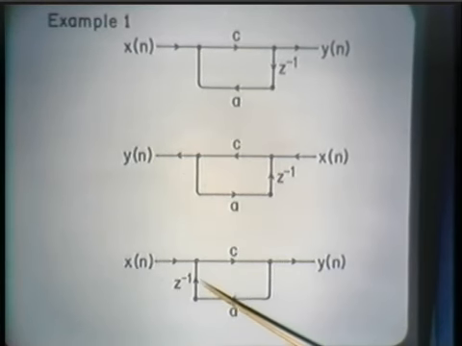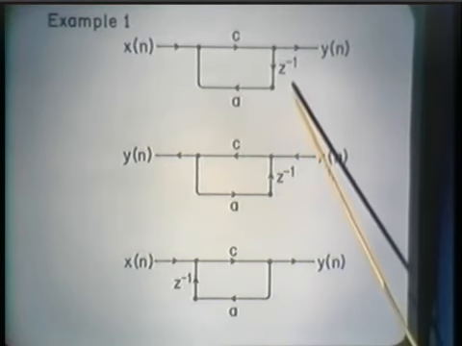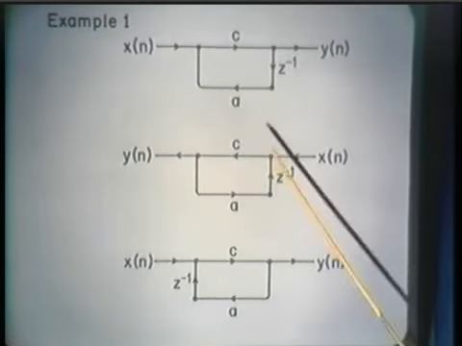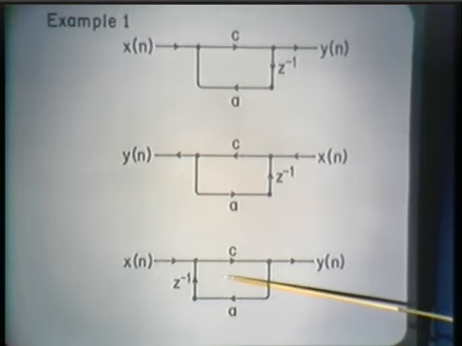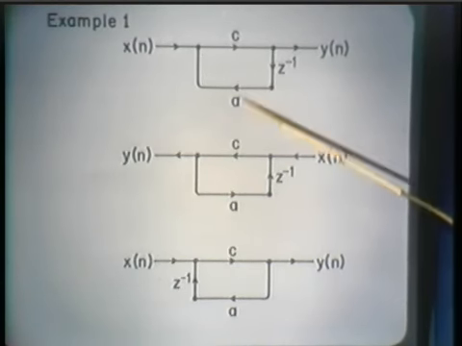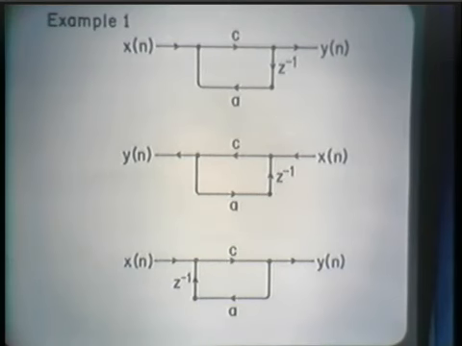And obviously, since these two in cascade implement a times z to the minus 1, it doesn't matter whether I do the multiplication by a first and then the delay or the reverse. So applying the transposition theorem to this simple example, we see that obviously for this example the transposition theorem works.